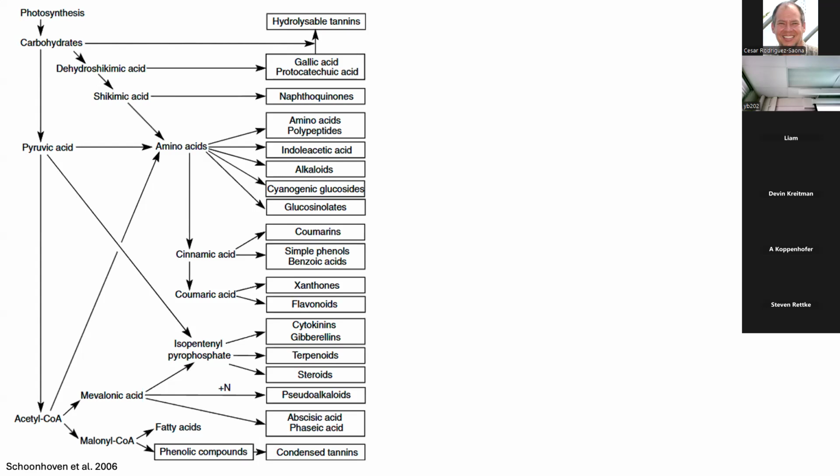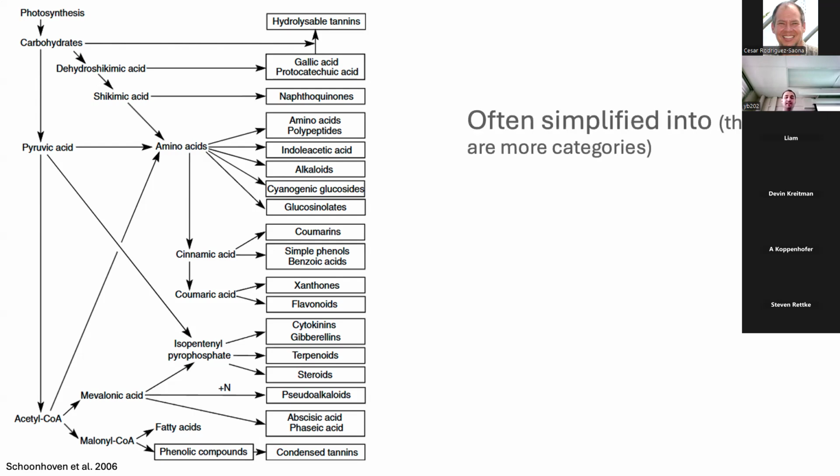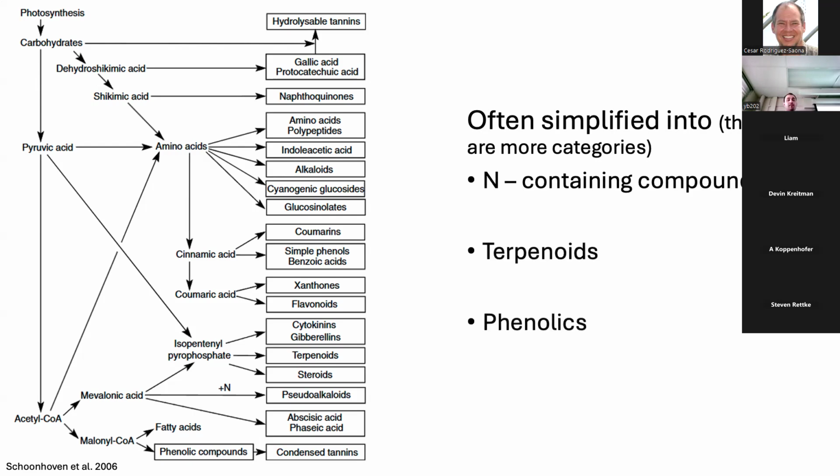And there's a whole load of different ending secondary metabolites which result from this. It's crazy. People used to think these were just waste products. These are often simplified into three categories. There are more than three, but three basic categories of secondary metabolites: nitrogen-containing compounds, terpenoids, and phenolics.